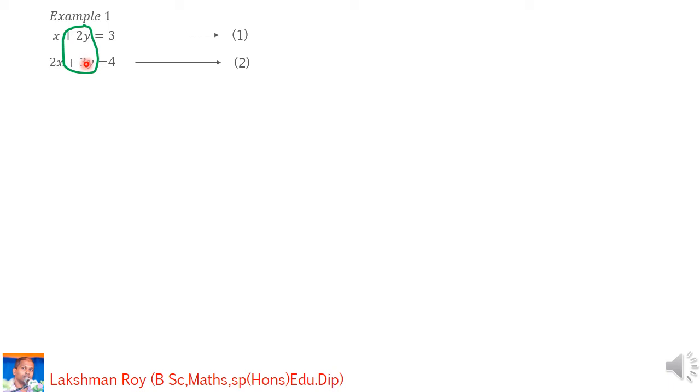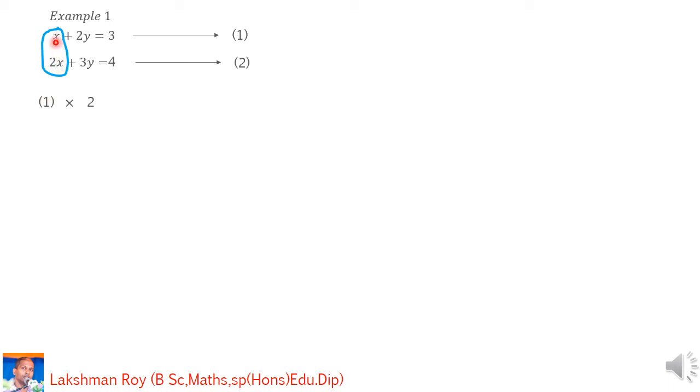So here I decided to equalize the coefficient of x. Here 1x, here 2x, so how to equalize? If you multiply x by 2, you get 2x. So in the first equation, here x, here 2x, so we should multiply by 2.